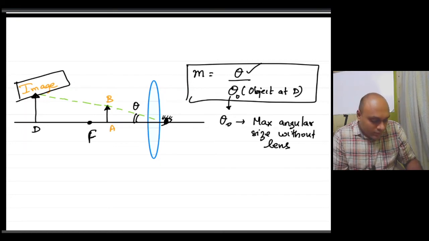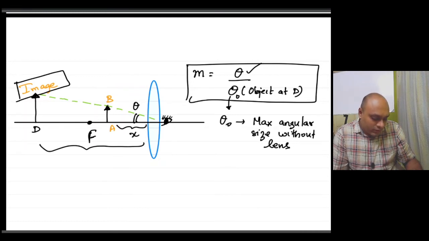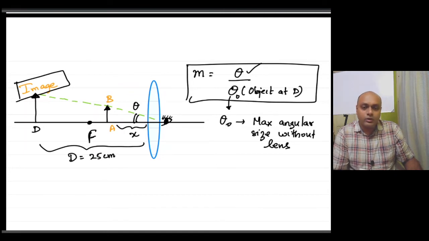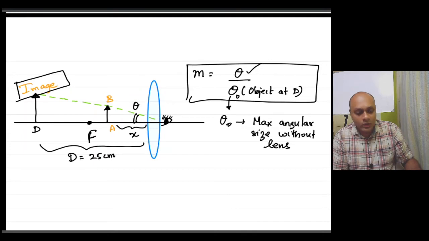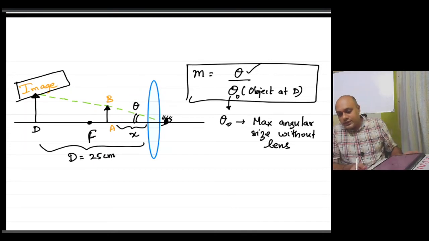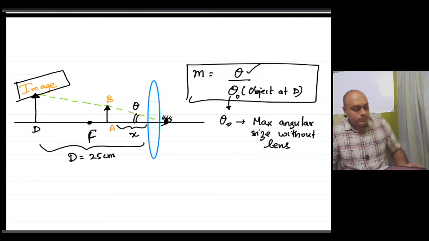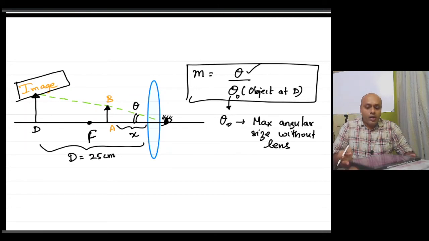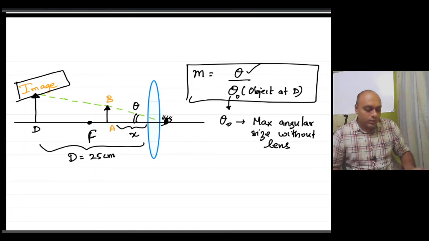Now that the object is placed at AB, let's say this distance is x, such that the image formation takes place at D, the least distance of distinct vision. This is going to be 25 centimeter for a normal human eye. Now we will be able to get this x value by applying the lens formula.